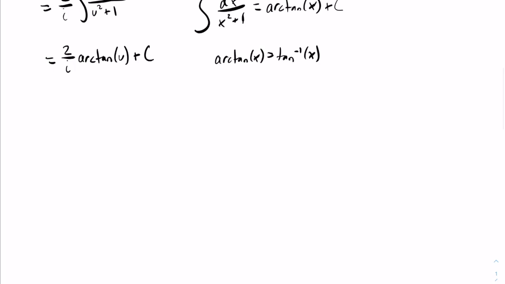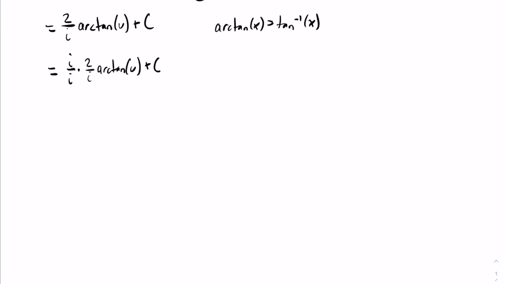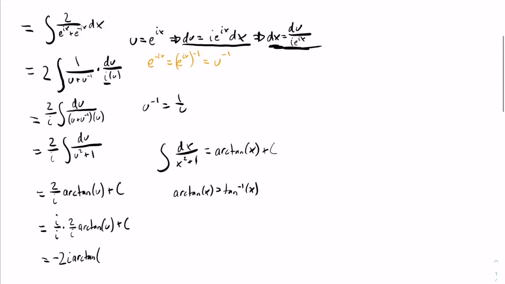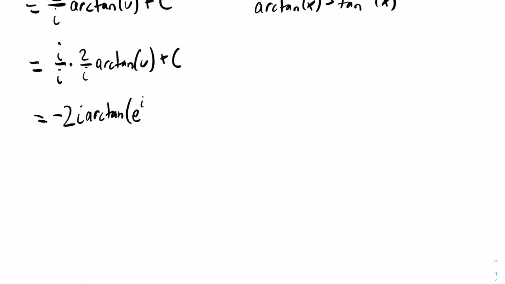But anyways, now I'm going to multiply this, here, I'll just show you. i over i, which will equal 1, times 2 over i arctangent of u plus c, and then i times i is negative 1, since i is the square root of negative 1, so this will become negative 2i arctangent, and then it's u, but remember, and here I'll go back up, we have u equals e to the ix, so we can substitute that back in, e to the ix plus c.